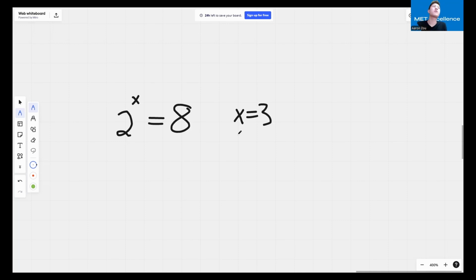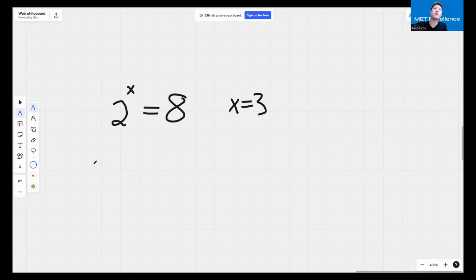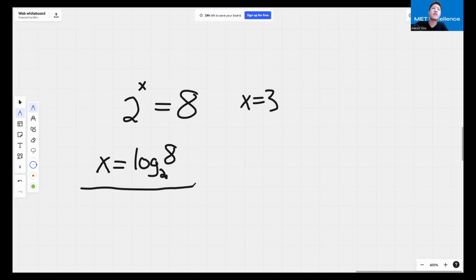So now how can we rewrite this? If we rewrite this somehow, we will get something known as logarithmic notation. Let me show you how. Basically what we did here is we're solving for x, right? But we could also say that x equals log base 2 of 8.